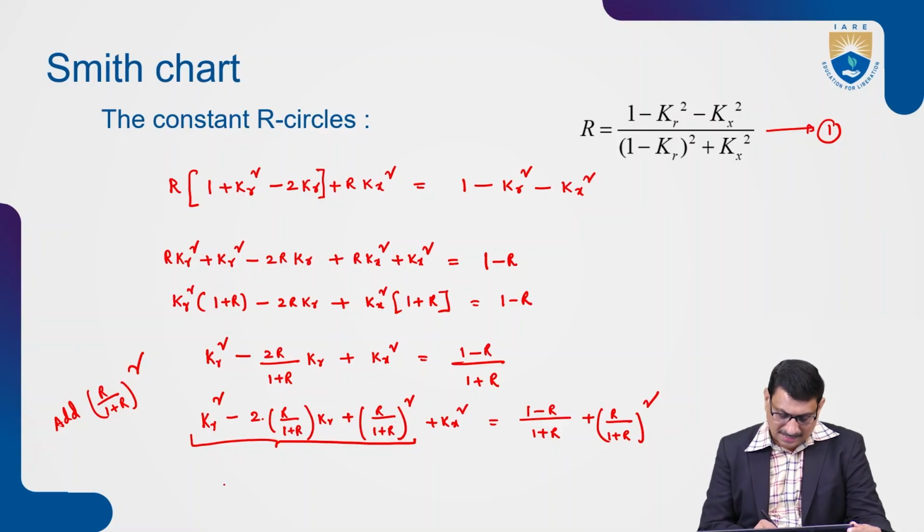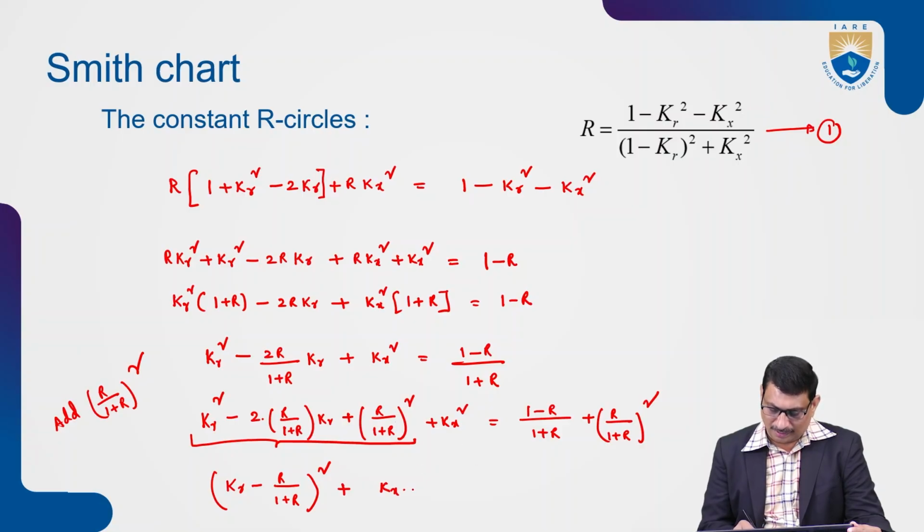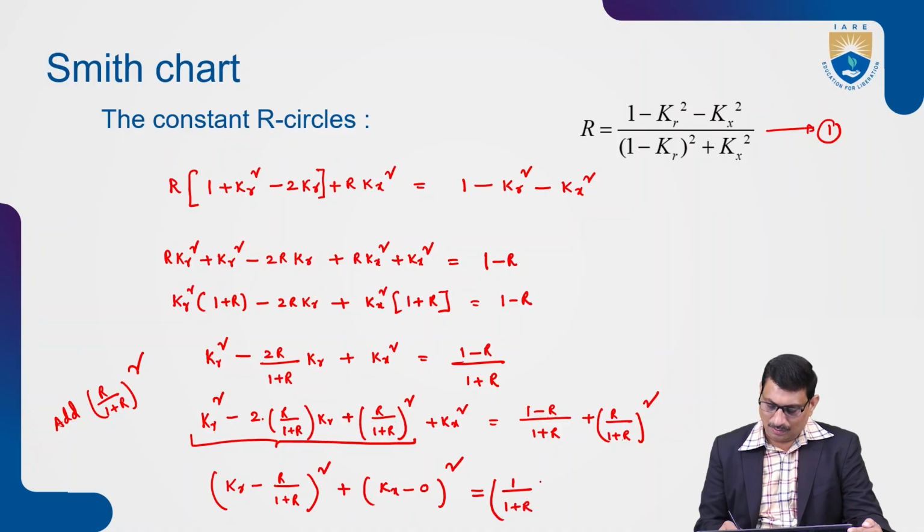Then I can write this as kr minus r divided by 1 plus r whole square plus kx, nothing is there here, therefore kx minus 0 whole square, equal to, if I take 1 plus r whole square as the LCM, then it becomes 1 minus r into 1 plus r, that is 1 minus r square. R square gets cancelled, or I may get 1 divided by 1 plus r whole square.